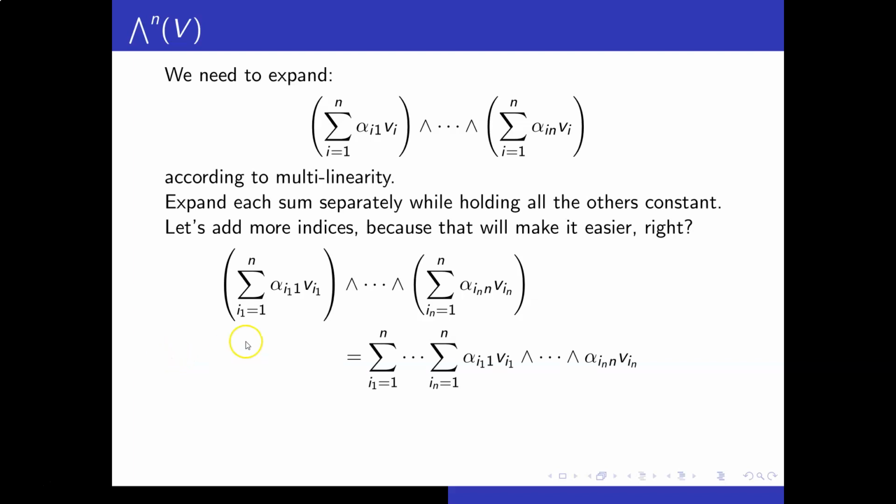All right, and I'm going to have alpha I1 times VI1, alpha INN times VIN, but these are now all scalars, and so they can all be pulled out. And so I get this massive sum. I've got n sums of n terms where I've got this product times VI1 wedge VI2 wedge, all the way through VIN.